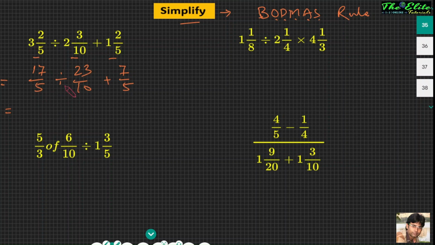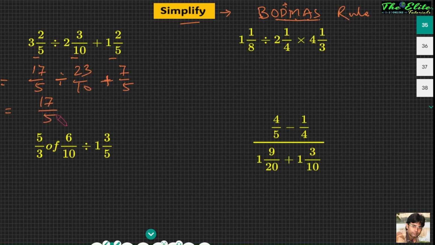Okay, now we have this division sign and we have this addition sign. So addition and division means what? We have to check in the BODMAS rule which operation needs to be prioritized. Okay, so division needs to be prioritized. We will do that. It means we have to work on these fractions first.